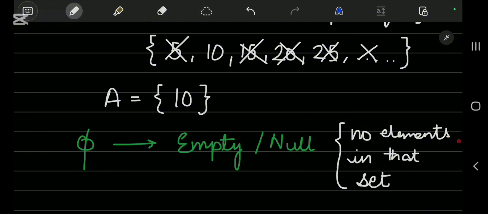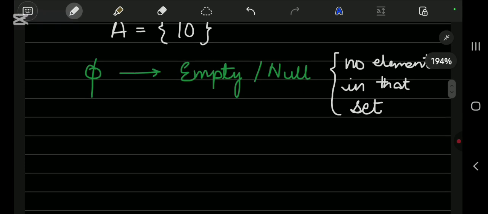Okay, now let's say they say B is a set in which there are x elements, x such that x is an odd number.